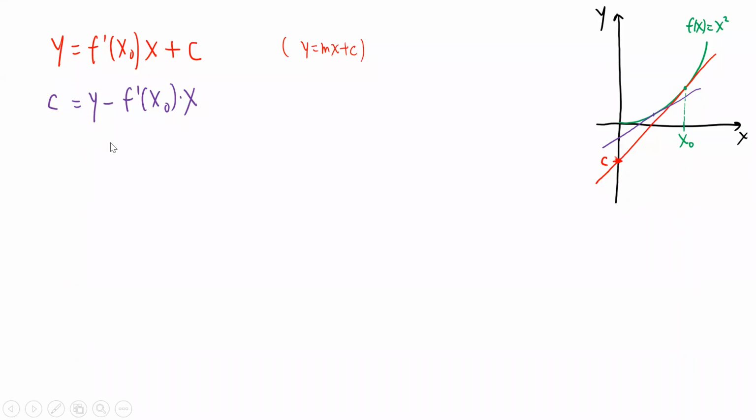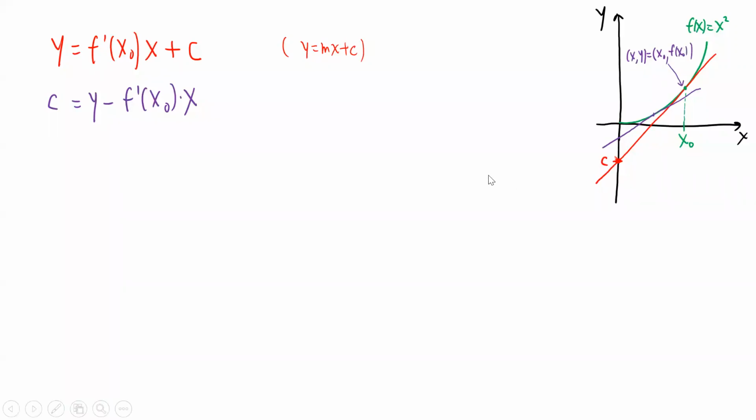Then you can go back to this equation and substitute a pair of values for x and y that we know. So we know that at this point, the coordinate x, y is equal to x naught and f of x naught.